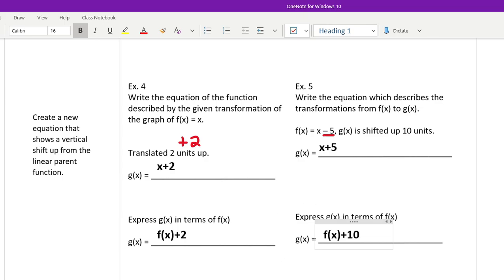Now, whenever we put f of x in the term, it would be the same as plugging in x minus 5, and then adding 10 to the equation.